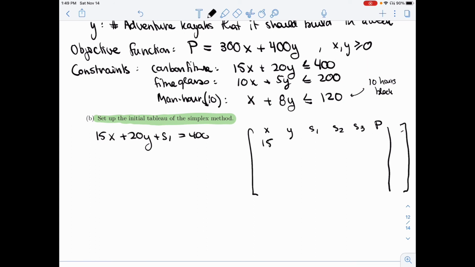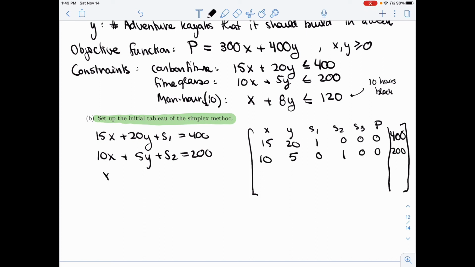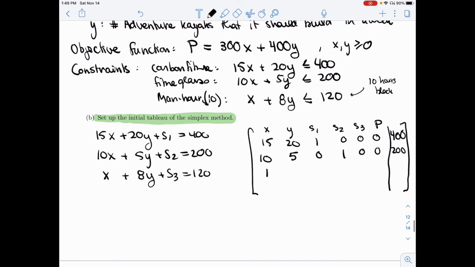First row is 15, 20, 400. Second is 10x + 5y + s2 = 200, so 10, 5, s2, 200. And then I have x + 8y + s3 = 120, so 1, 8.